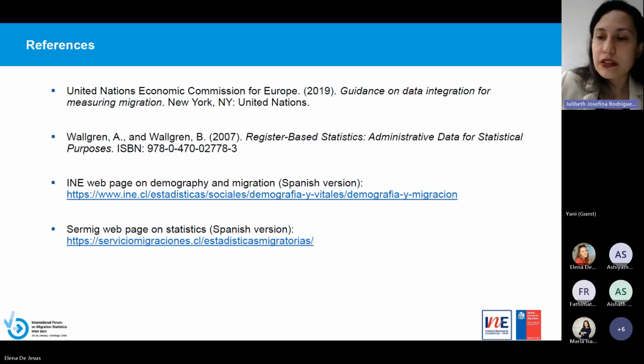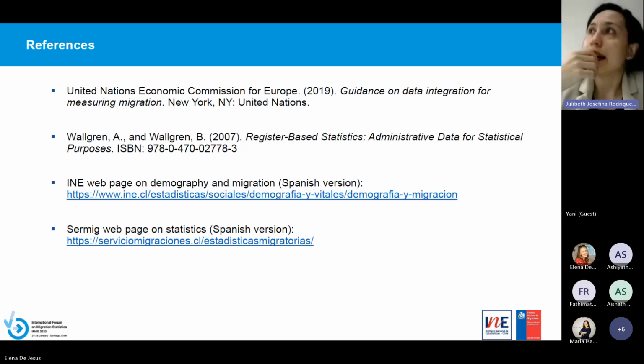And then in administrative records, because irregularity is a very complex concept, we know that we have, for example, that kind of irregularity when your permit is expired and you're still in the country and you haven't made another request.